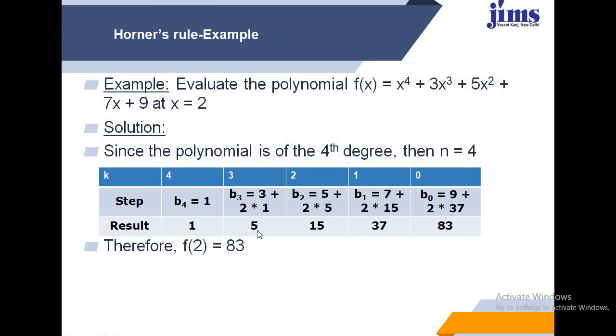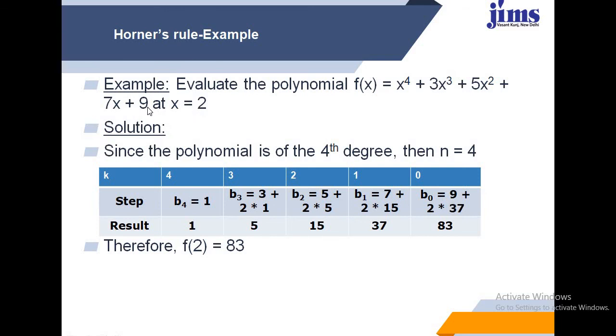this is 5. So now move to the next column. In the next column you will find B2. B2 means the A2 value is 5, 5 plus 2 multiplied by the previous value, which came in the column as 5, so 5 into 2, this is 15. Similarly B1 is 7 plus 2 multiply 15, this is 37, and the last column is A0.